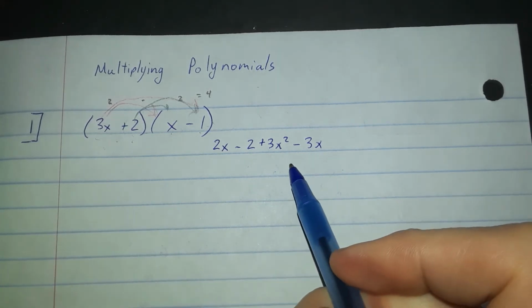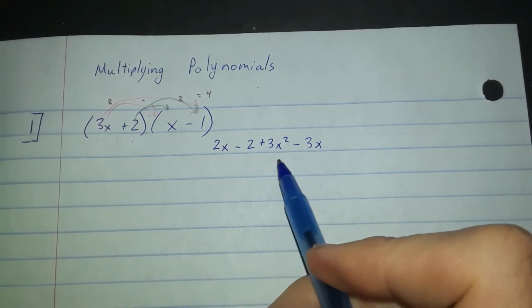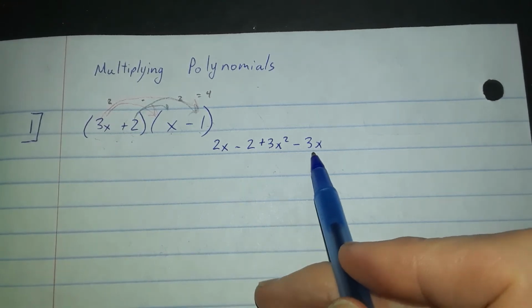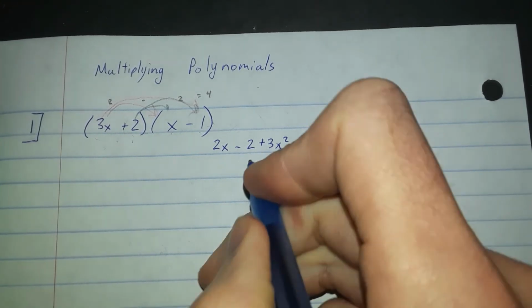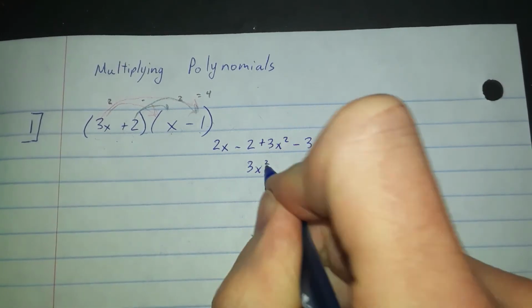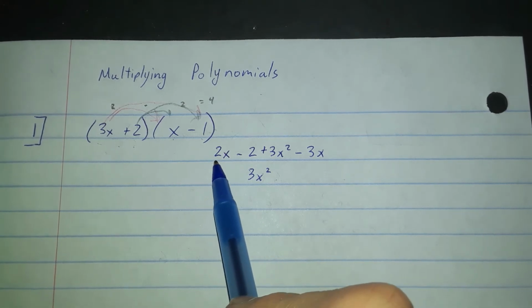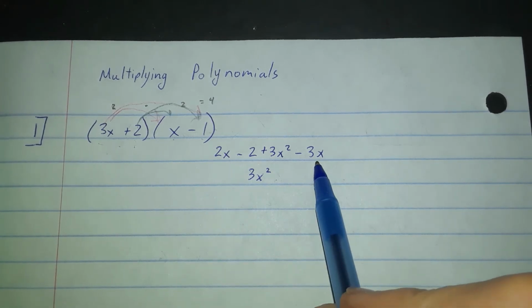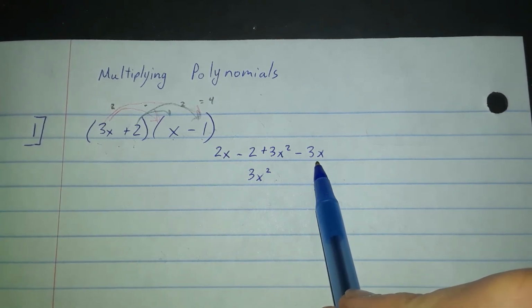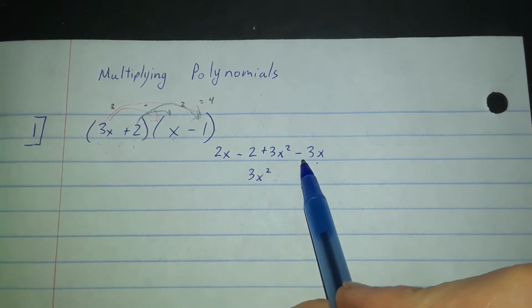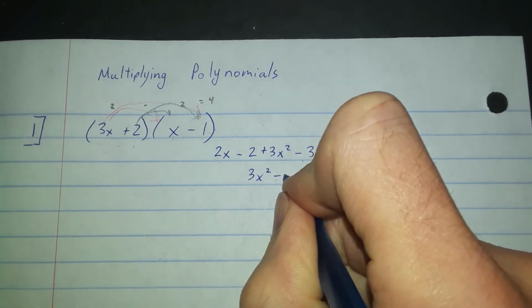So at this point, I can bring like terms together and put this in standard form. As I look through here, I'm looking for the biggest exponent, which is right here. So 3x squared is a part of the answer. Then I want x. Well, I have an x term here and an x term here, so I want to bring those together because they're like terms. 2x minus 3x is going to be -x.